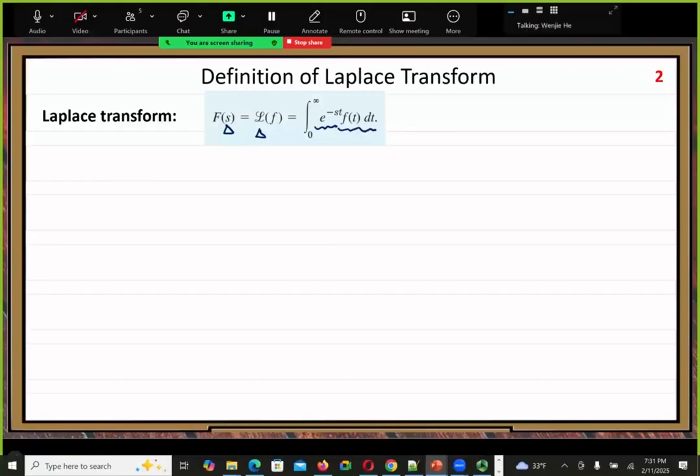At this point, you may wonder why you define a transform like this. In math history, a lot of techniques, methods, and concepts were developed.